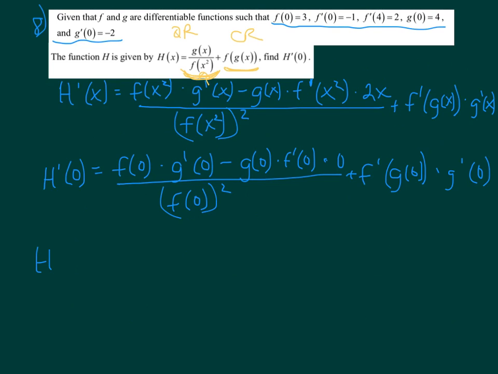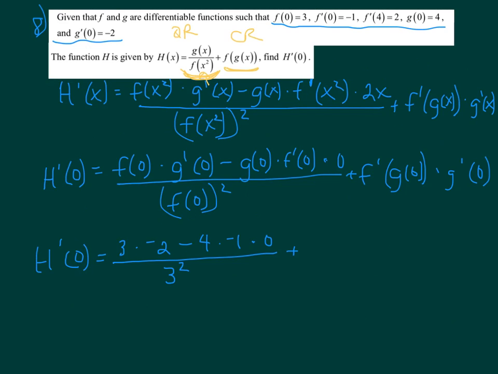All right, so left to right, let's plug in what we can find. f of 0, we can see here, is 3, times g prime of 0, which is negative 2, minus g of 0, which is 4, times f prime of 0, which is negative 1, and then times 0, all over f of 0, which here is 3 squared.